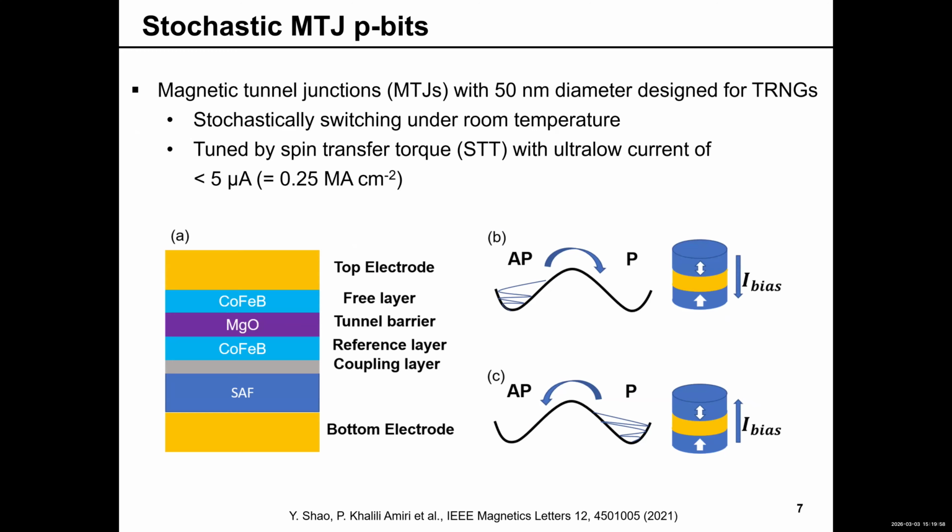What you can do additionally is that you can drive a small current through this device where, depending on the direction of the current, the device will favor one state over the other. So it will spend more time in the AP state versus the P state, or vice versa.